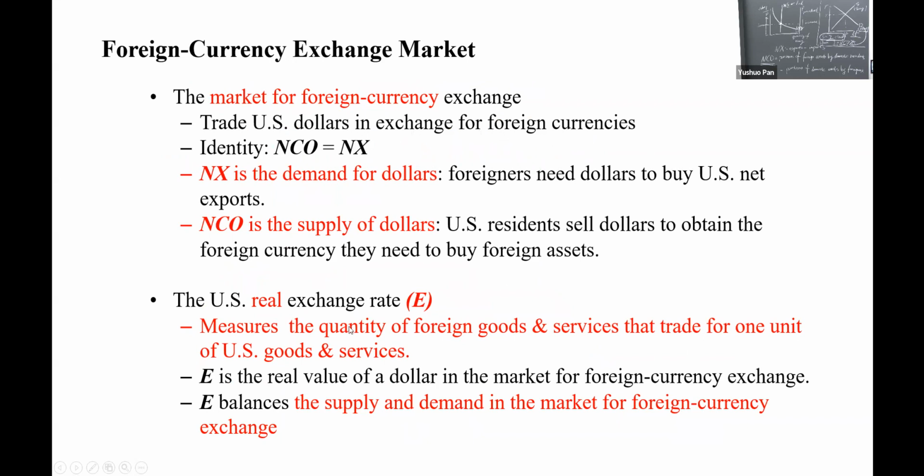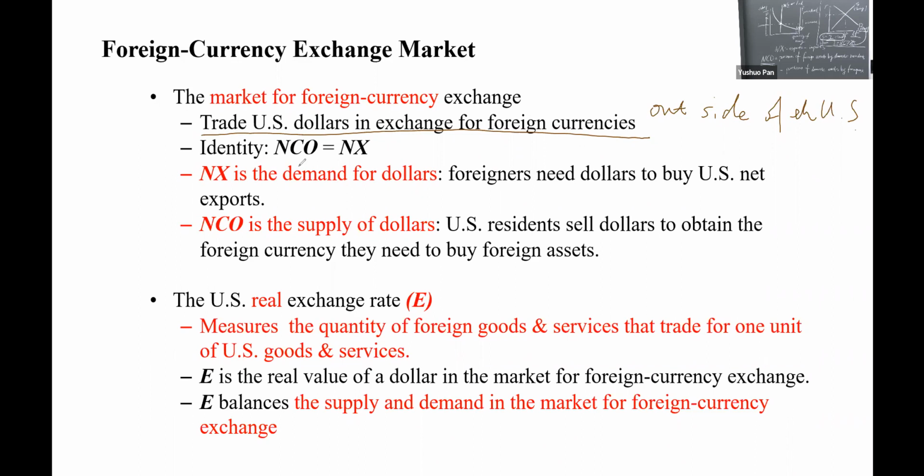Here we assume this market is outside of the United States, which means you trade your US dollars for foreign currencies outside of the United States, in other countries. That's the market for foreign currency exchange.